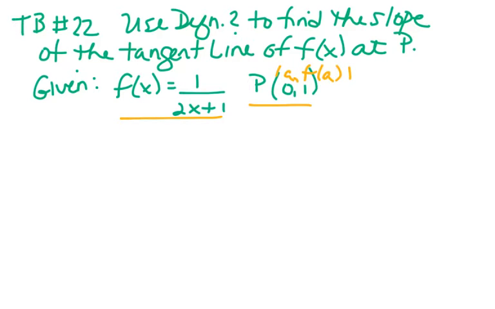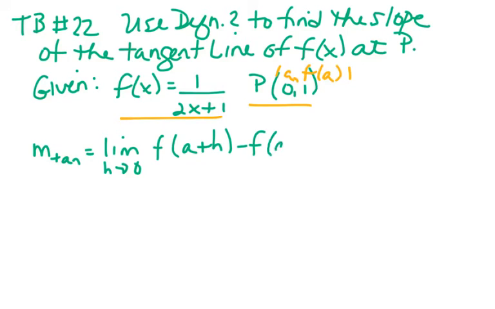Okay, so let's begin by writing down definition number 2 for the slope of the tangent line, and that's the limit as h approaches 0 of f of a plus h minus f of a over h. And this second definition moves us more towards the formal definition of a derivative. So I do want you to concentrate on the second definition.